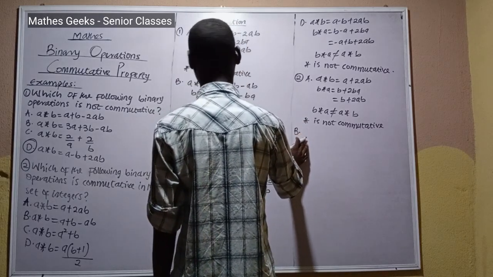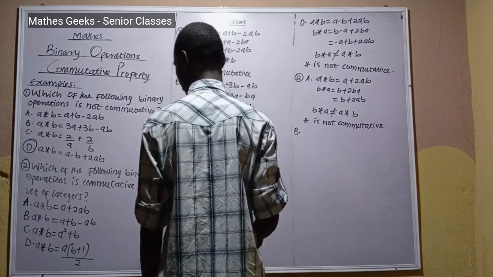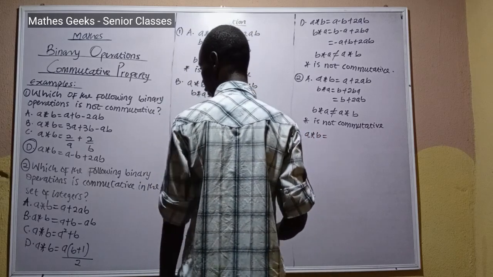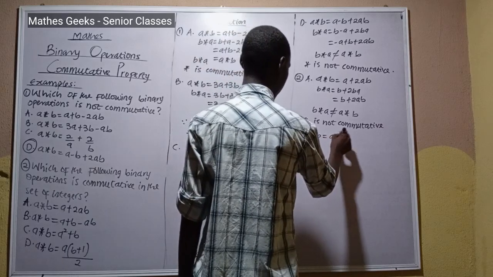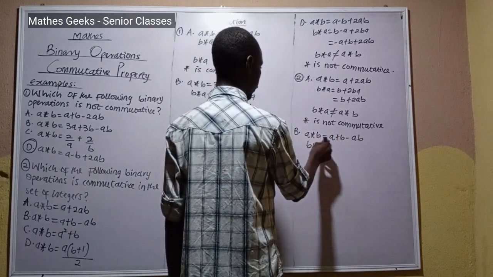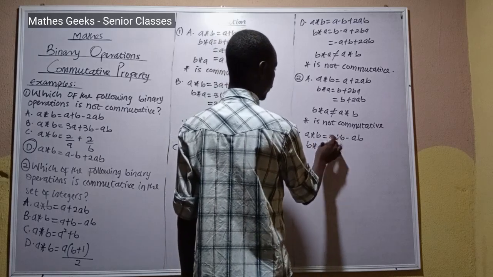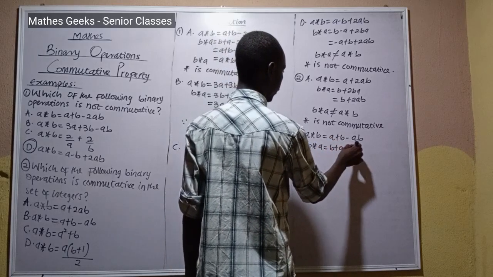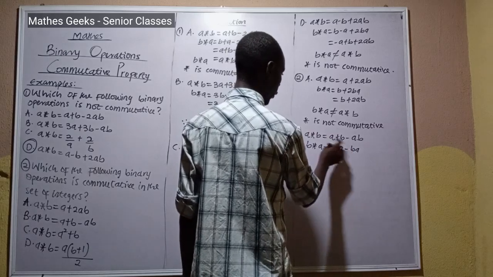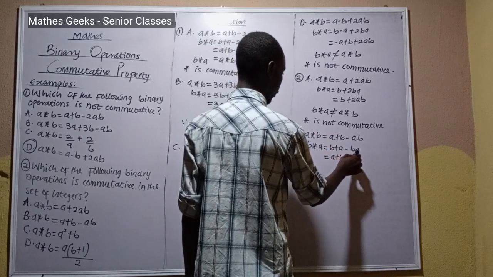Option B, a star b. A star b is equal to a plus b minus ab. What would b star a give us? B star a will give us b plus a minus ba. Alphabetical arrangement of letters, a will come first, a plus b minus ab.